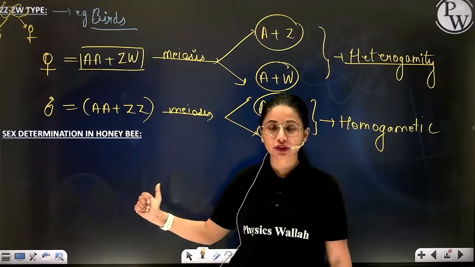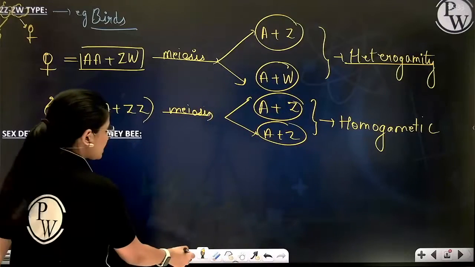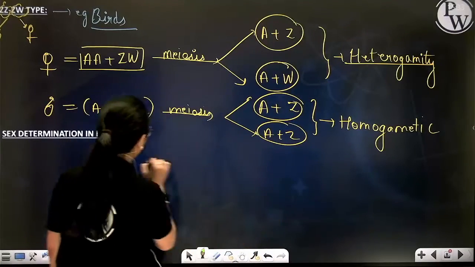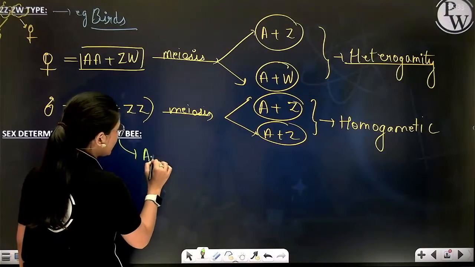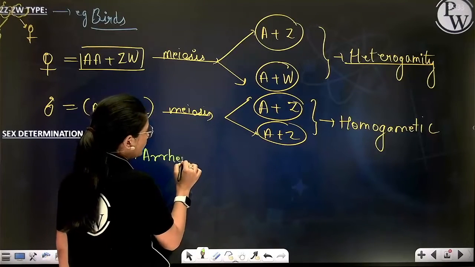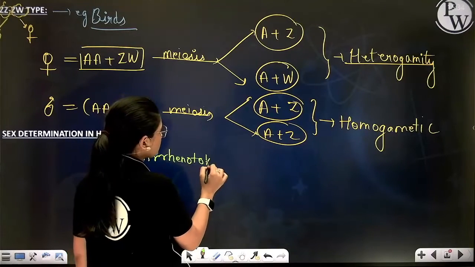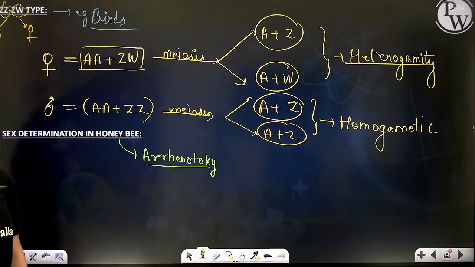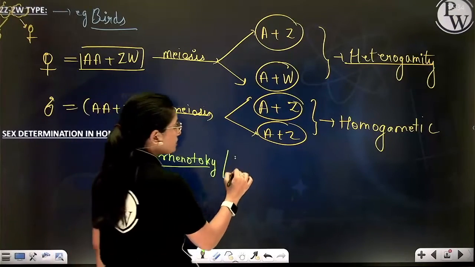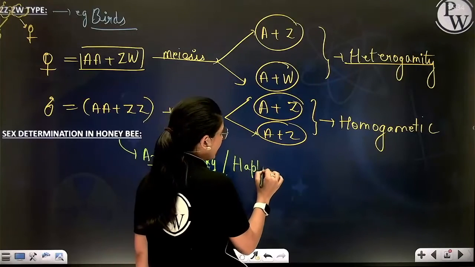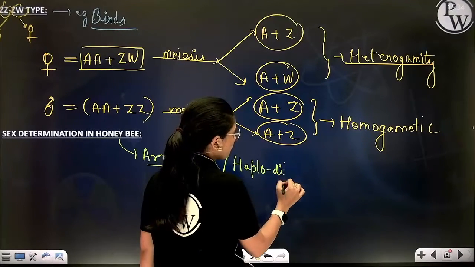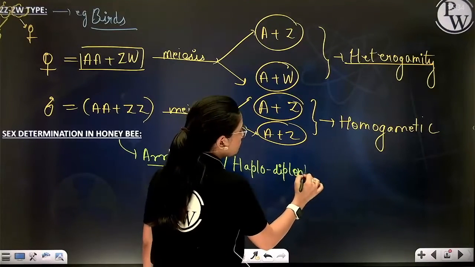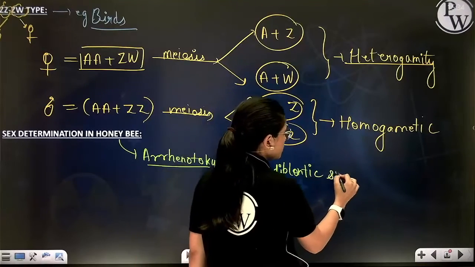The sex determination of honeybee was first studied by the scientist Arhino Toki. Therefore, this type of sex determination is also known as Arhino Toki sex determination. Apart from this, it is also known as haplodiplontic sex determination.